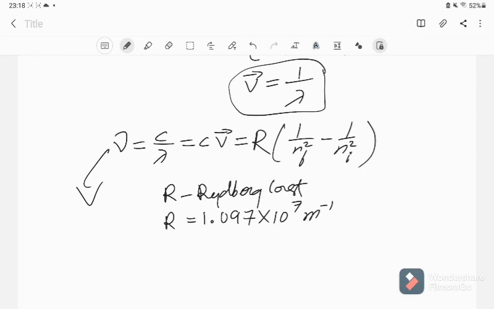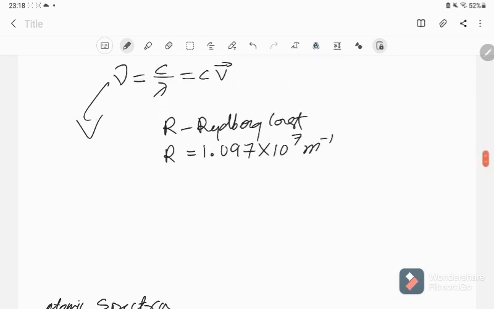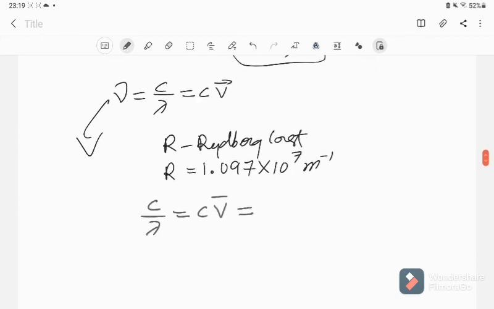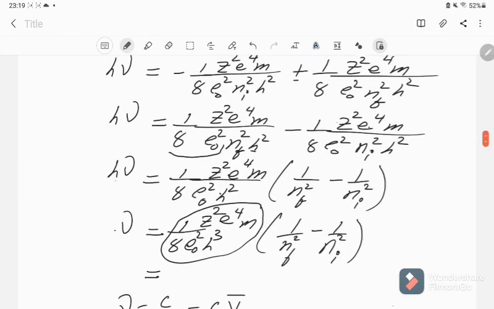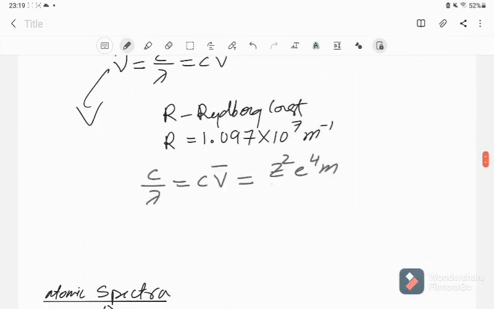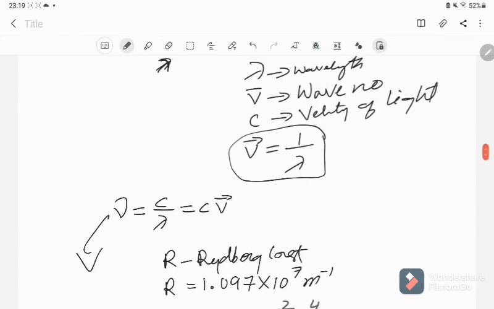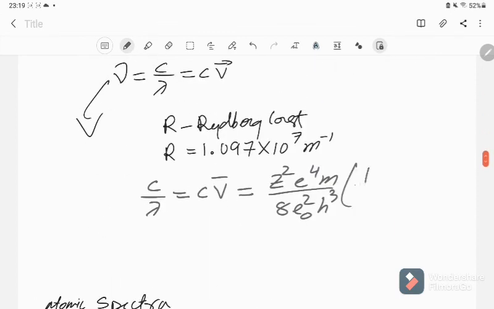You rub this one and write here c/λ = cν. And cν equals this: Z²e⁴m / 8ε₀²h³ times (1/nf² minus 1/ni²).